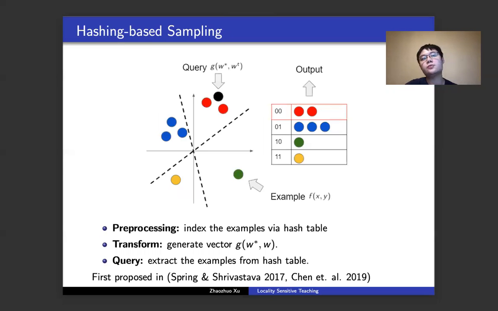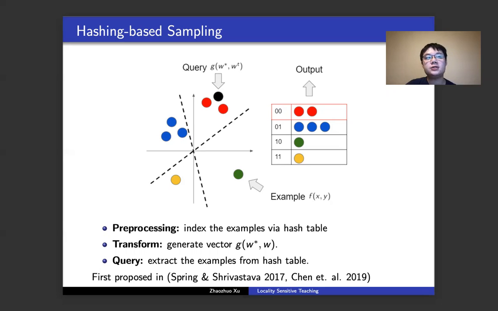Here we introduce more details about hashing-based sampling. In the pre-processing step, we map the teaching example xy to a vector called f(xy). We are using a transform called f. Then, given the current student's cognitive model W and the optimal model W star, we use a transform G to generate a vector in the same direction as f(xy) called G(W, W star).